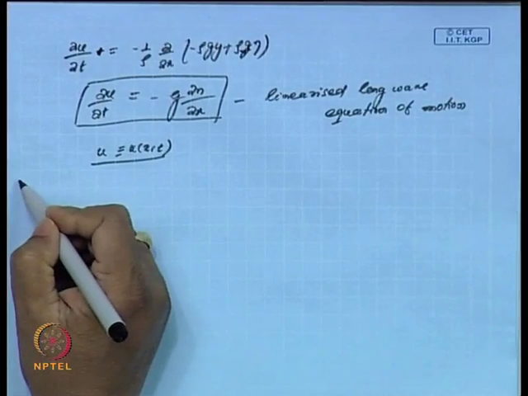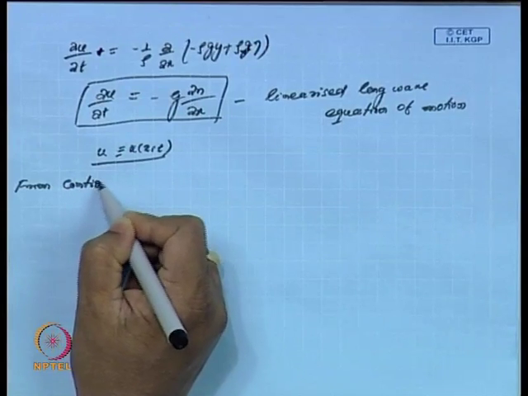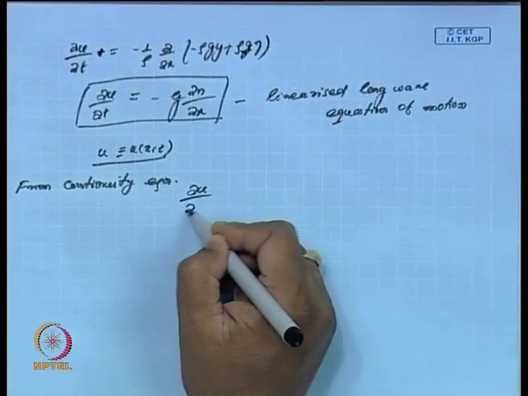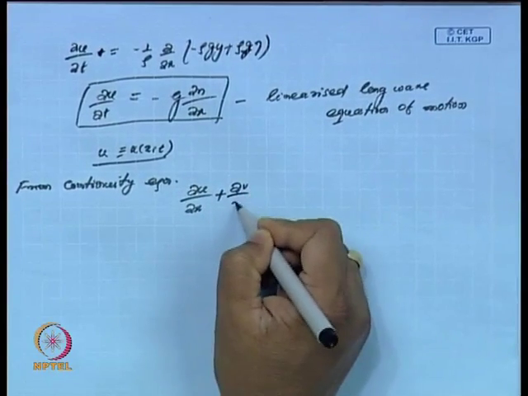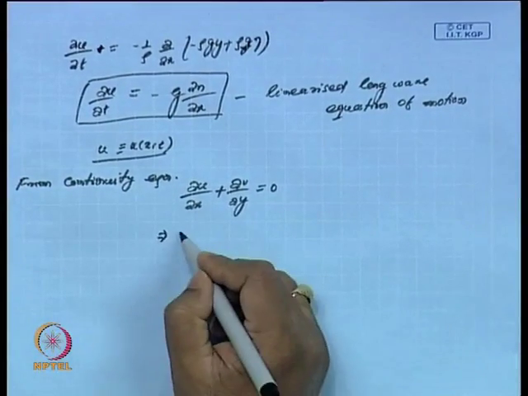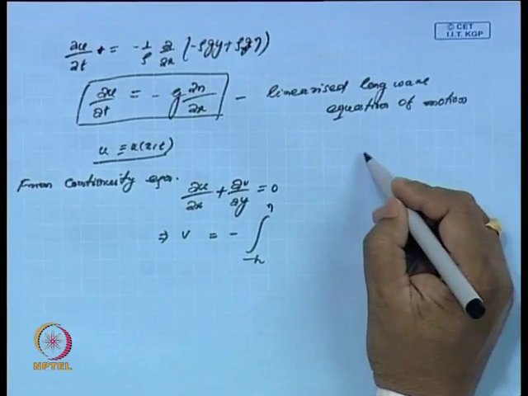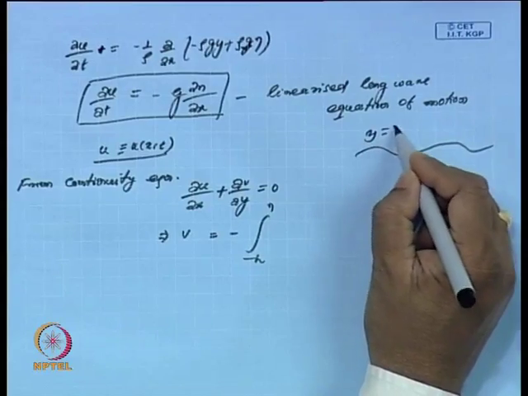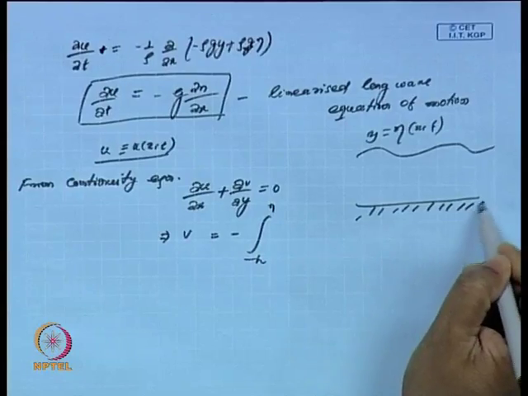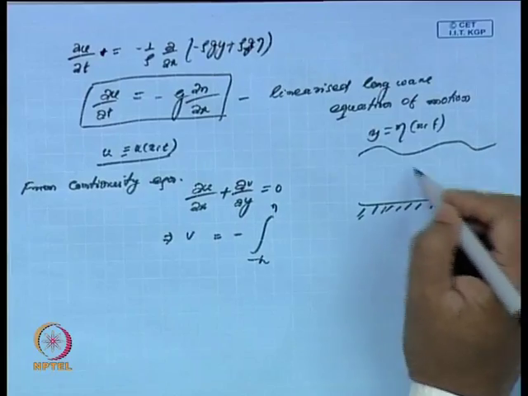Now, let us look at the equation of continuity. From the continuity equation, we have del u by del x plus del v by del y is equal to 0, and that gives me v is minus the integral from minus h to eta, because I have a water surface at y is equal to eta, and my bottom I have considered as finite water depth, y is equal to minus h.